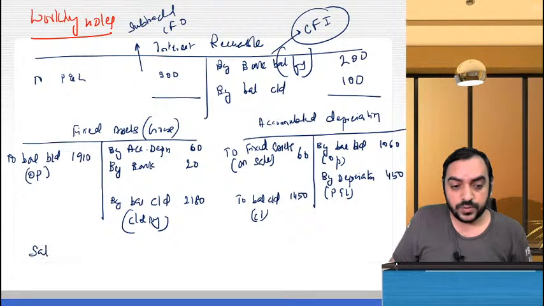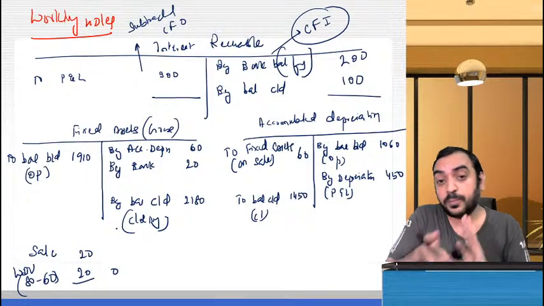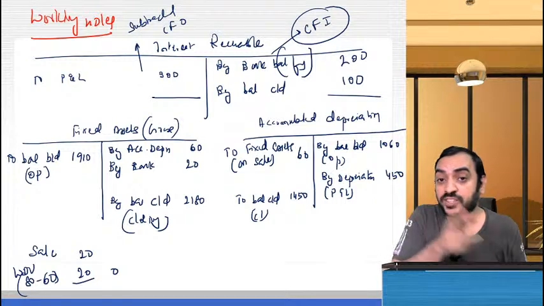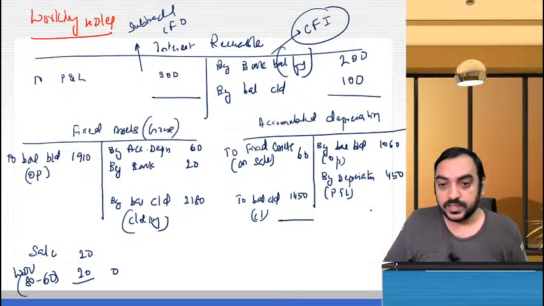So sale value 20. WDV: cost is 80, accumulated depreciation 60, so 20. No profit, no loss. Otherwise I would have written either by profit, by loss, or to profit, just like the trading account. Profit means to, loss means by. Okay, I think this depreciation account tallied.